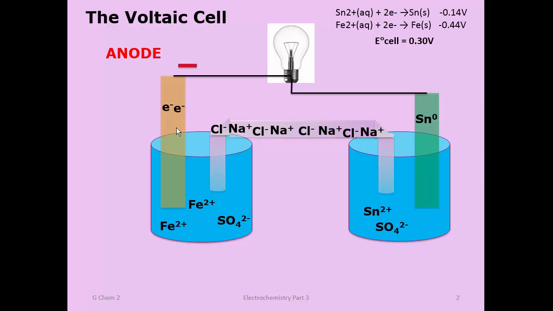The iron 2 plus would then dissolve in solution. You would have to have some help from the salt bridge to counterbalance the charge, so chloride ions would come over from the salt bridge. And again, remember that the negative anions always move to the anode. And then on the other side, on the positive or cathodic side, that would draw electrons towards it to the positive side.